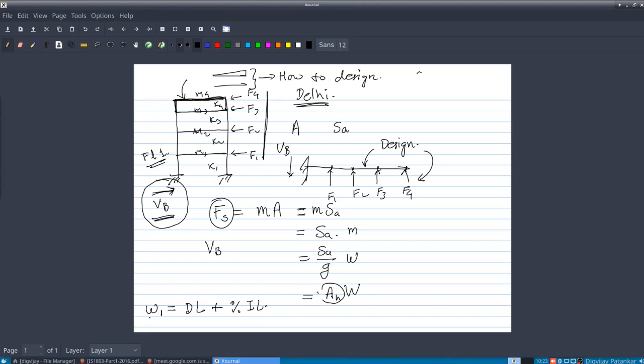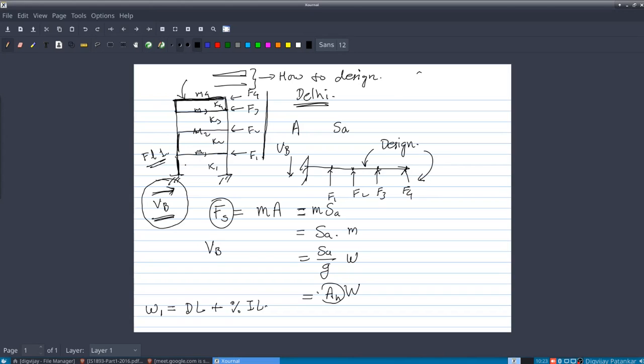So that is seismic weight 1. And the dead load, you know what is the dead load, that dead load will be the self weight of this beam plus the slab and then imposed load on this slab, plus there are weights or dead load on the columns as well, which are not at any particular story.